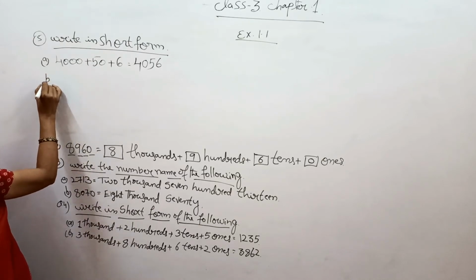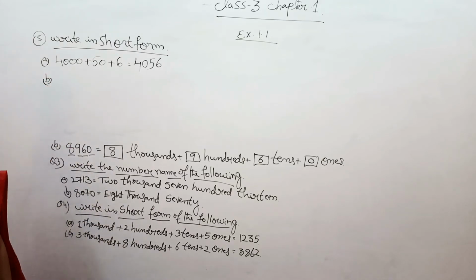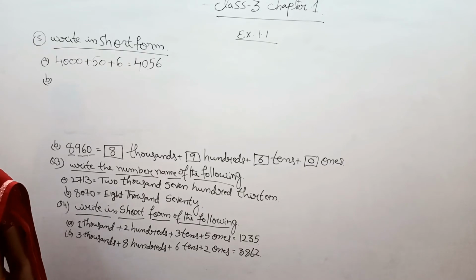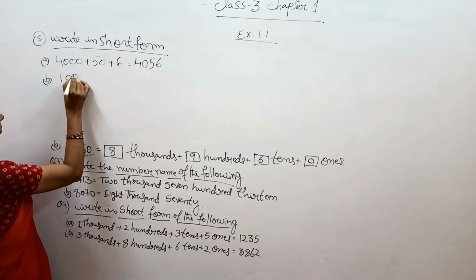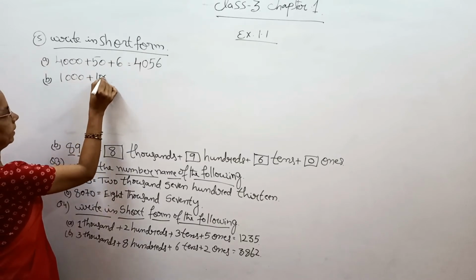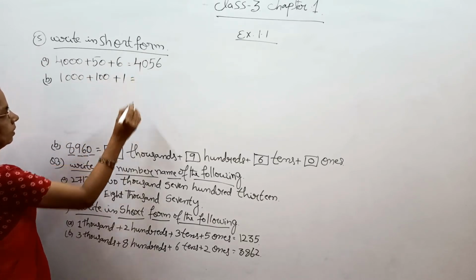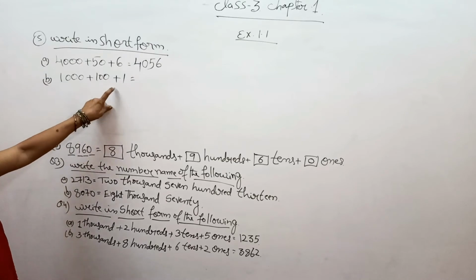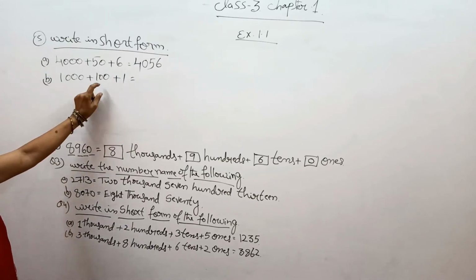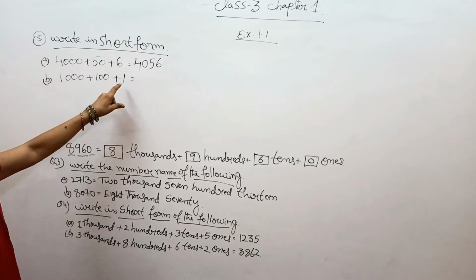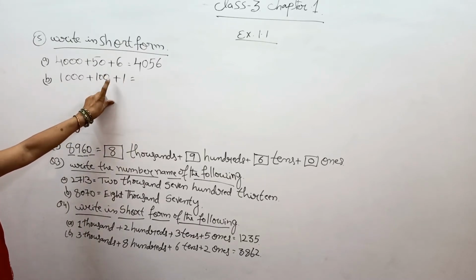Now, next, 1000 plus 100 plus 1. In this, we don't have tens place. 1000 place it is given, 100 place given, 1's place given, but the tens place will not be given.